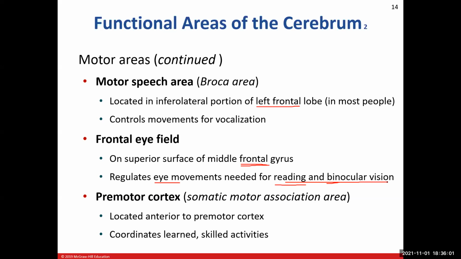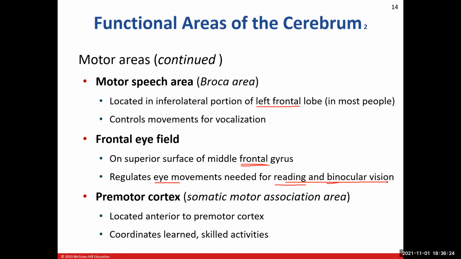Then we have our premotor cortex. Now this is what we call an association area. And association areas help to improve the ability of those primary areas. So we have our primary area, for example, the primary motor cortex, that precentral gyrus. Well, the association area now helps to develop better movements.